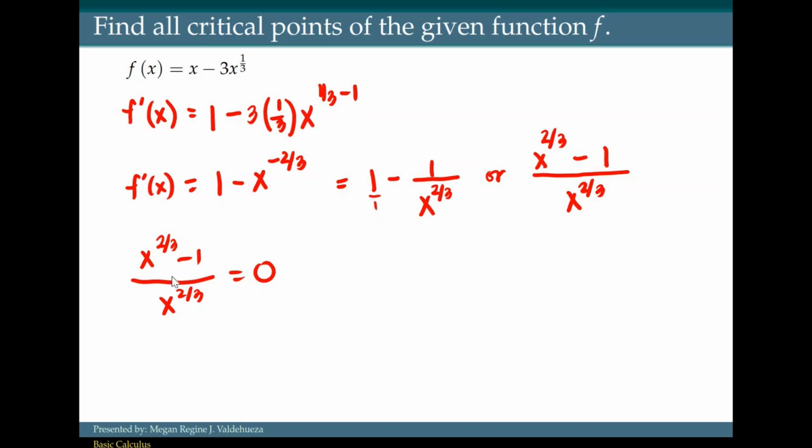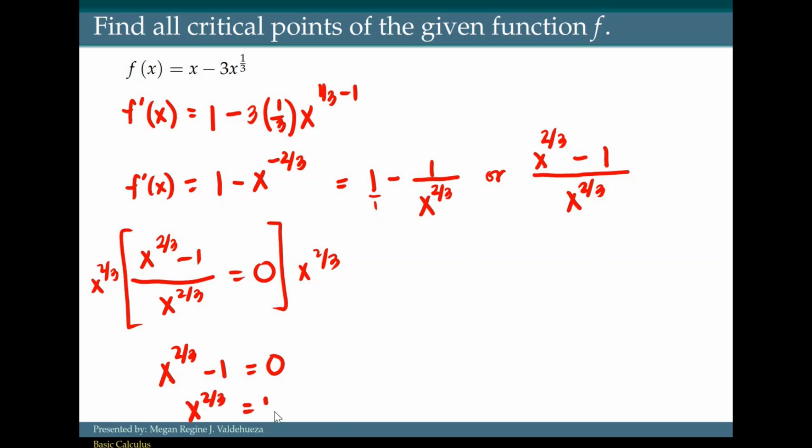So to get rid of this, we will multiply both sides of the equation by x to the power of 2/3. So we are left with x to the power of 2/3 minus 1 equal to 0. Since 0 times x to the power of 2/3 is still 0. So we have x to the power of 2/3 equal to 1, right?